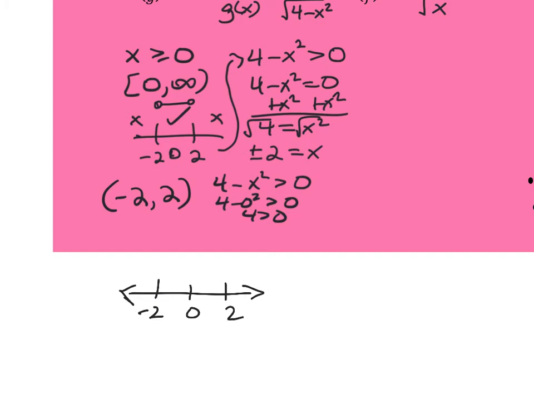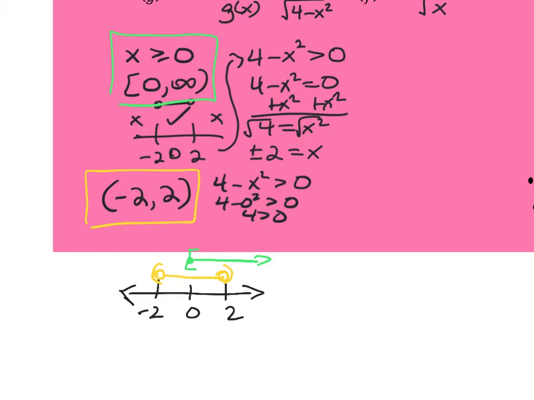So for the numerator, remember we did this, all numbers greater than or equal to 0. So closed circle going this way, or if you wanted to think of it as a bracket. Then for the denominator, we got this. So it was open circle from here to here, or you could think of them as parentheses.